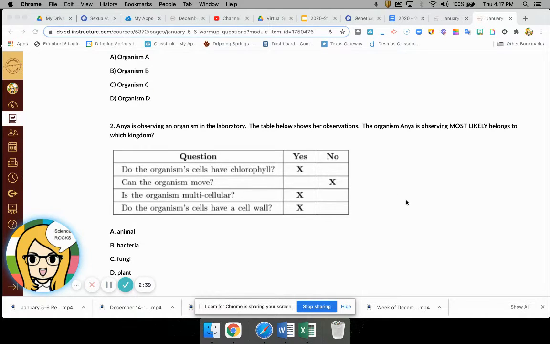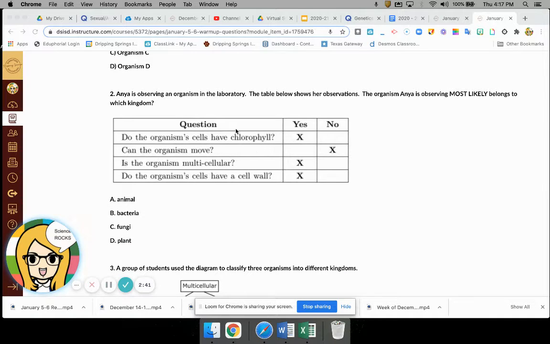So let's look at our characteristics. Chlorophyll, if you'll remember, and it does have chlorophyll. Chlorophyll is in the chloroplast, and it absorbs radiant energy so that the plant can carry out photosynthesis. So based on that alone, you should be able to figure out that it's a plant. Another one that would be helpful is cell wall.